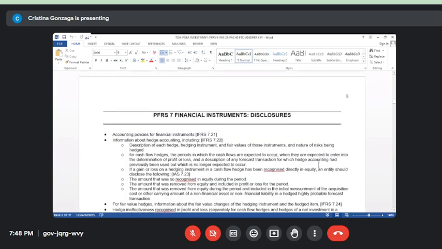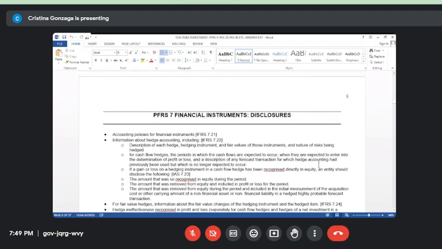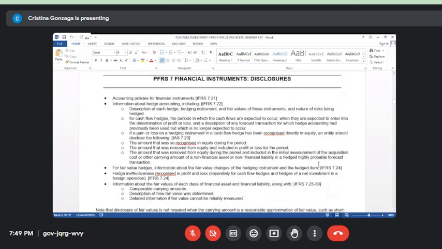Okay, PFRS number 7, as I mentioned earlier, is about disclosure of financial instruments in the statement of financial position or in the notes to financial statements.